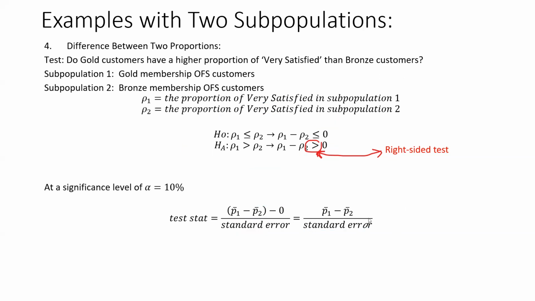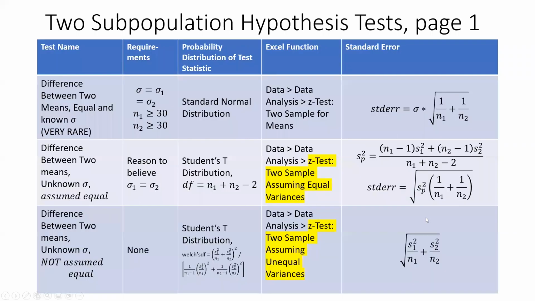So the standard errors for the difference between two means, I put in this table, and I put a little bit more information. So we have the difference between two means, and we have 3 cases. One is where we assume that they're equal and known.